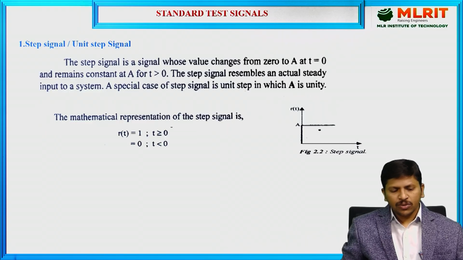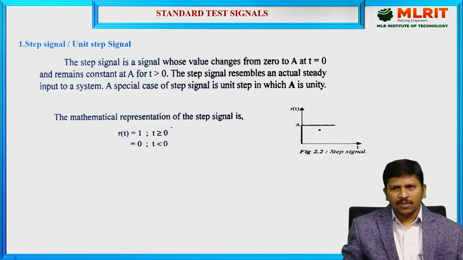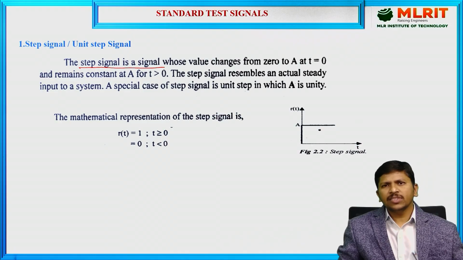Next, coming to the first standard test signal, that is the step signal, or unit step signal. What is meant by the step signal? Simply we say the step signal is a signal whose value changes from 0 to A at t equals 0.